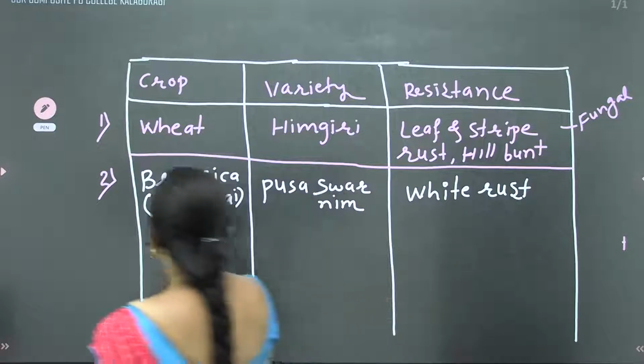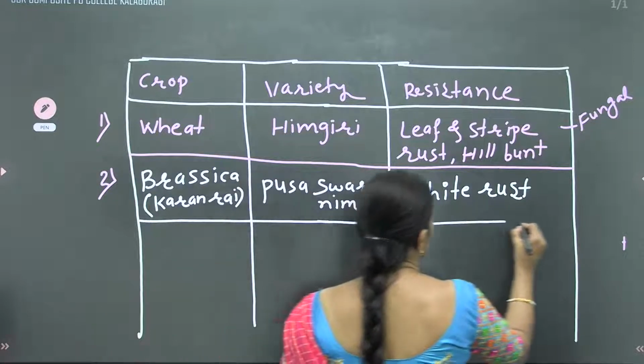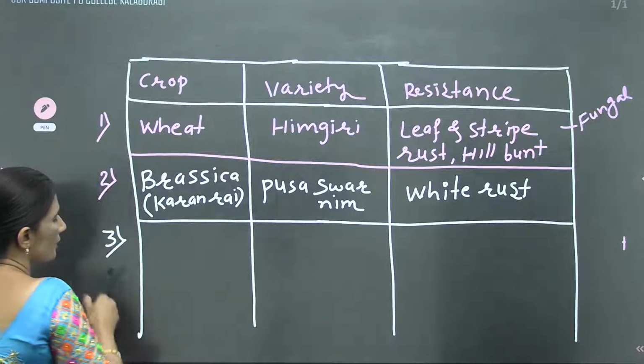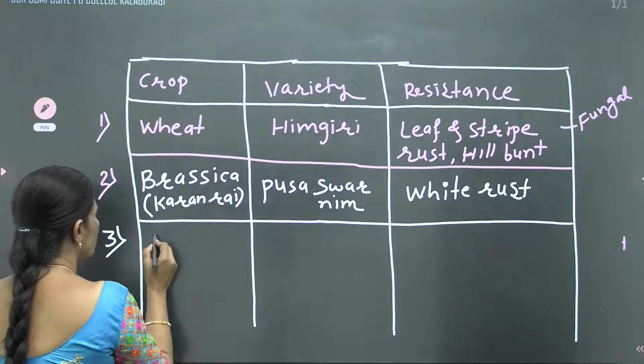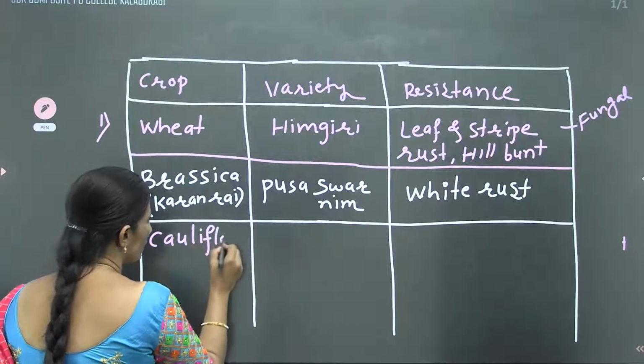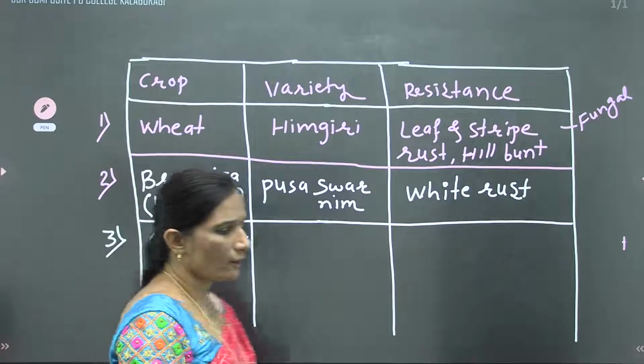Okay. The third crop is the cauliflower. Okay.